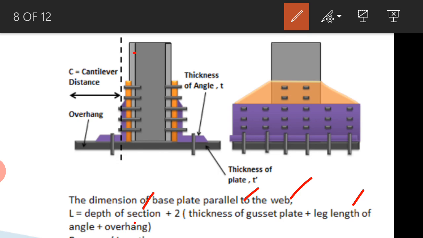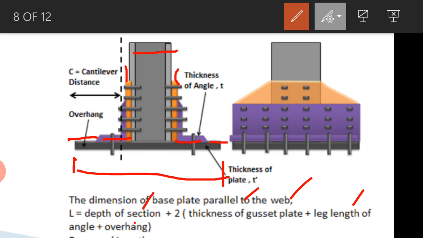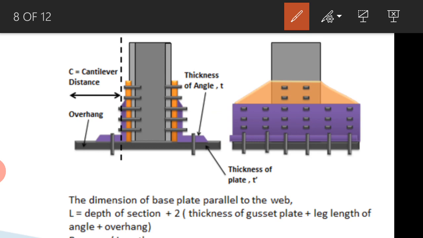Okay, so first is the depth, then the thickness of gusset plate, then the leg length of angle, then the overhang portion. So that will be the total length of gusset plate. Okay, understood?